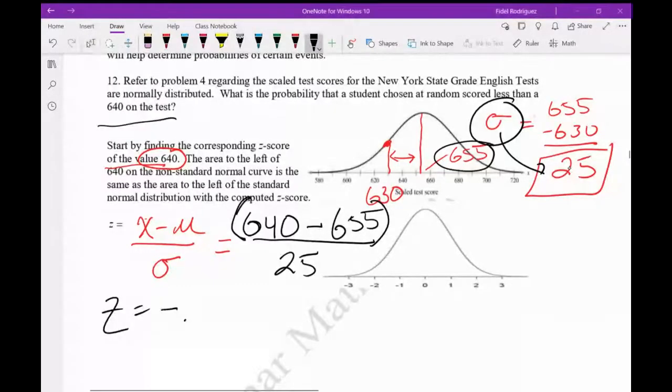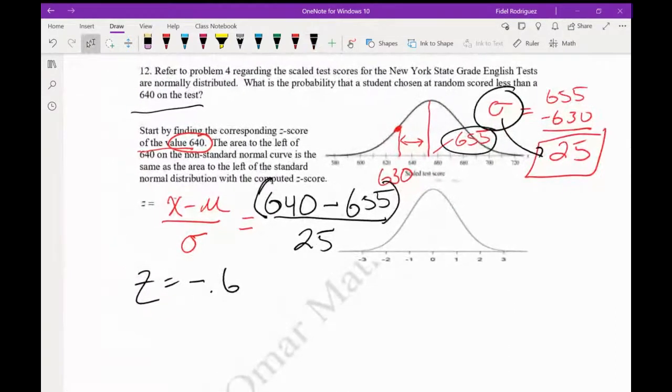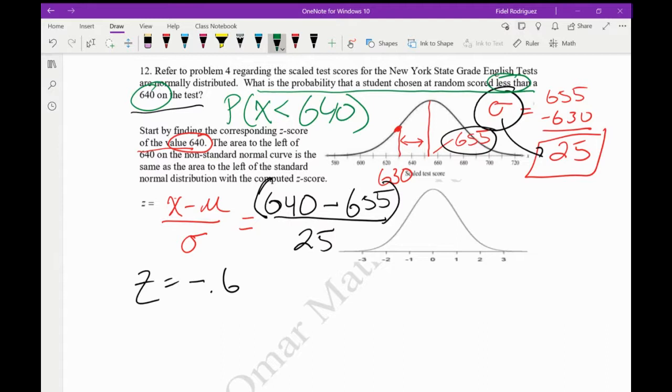Let me stop sharing this and come back to my notes, and we came up with the value negative 0.6. What we're trying to do now, if you look at the problem, it says, what was the probability that a student chosen at random scored less than 640? So what's the probability that x, my score, is less than 640?